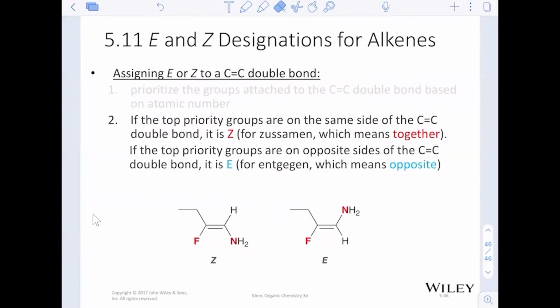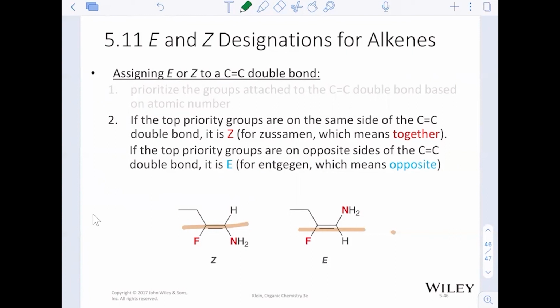Now, once you have your highest priorities, then draw the line the other way, just like we did for cis and trans. And say, are the groups on the same side or are they on opposite sides? If they're on the same side, Z stands for zusammen, which means together. E stands for entgegen, which means opposite, German. So Lauren's famous German accent.